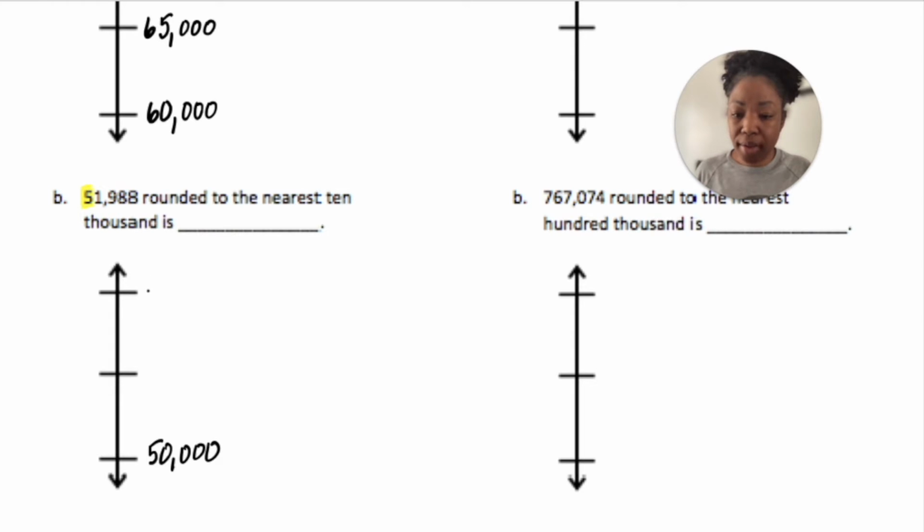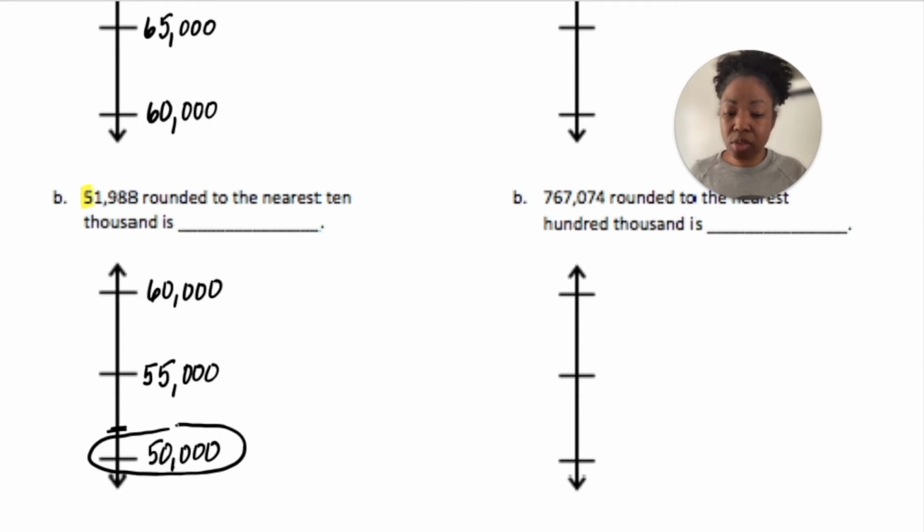One more than 5 is 6 10,000s or 60,000. Halfway would be the same as the bottom, but the digit next to the 10,000s would be a 5, right? 5,000 or 55,000. This is 51,000, so that's less than halfway, so we would round down.